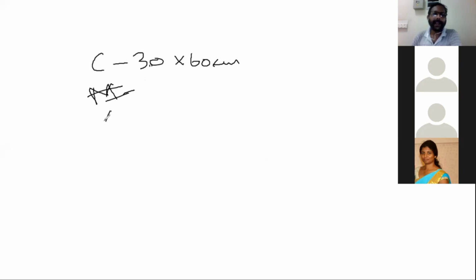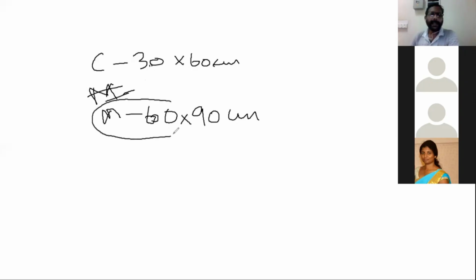Maize? Right. I am not sure, I couldn't remember all these figures. Right, somebody said 60 into 90 spacing. How we determine the spacing for maize is 60 into 90, and for chili it is 30 into 60.